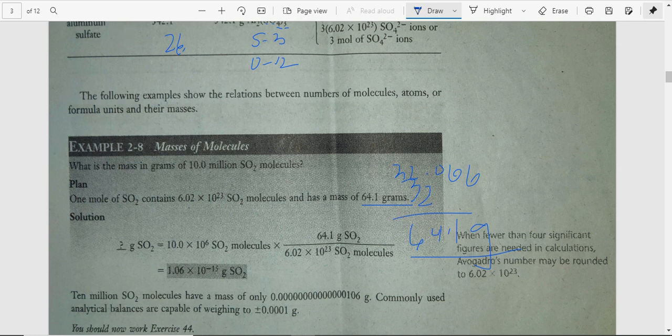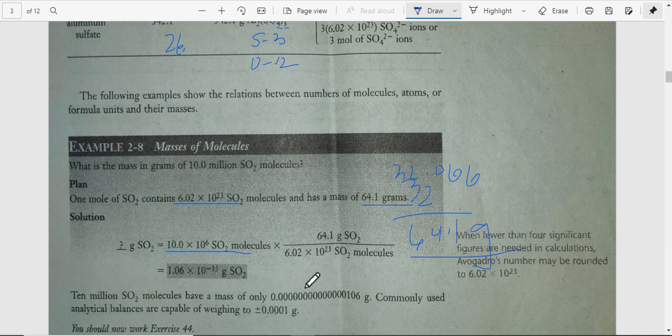Next is to find the grams. You are already given the Avogadro's number and the molecular weight. Simply use them as your conversion factor. You put the given, which is 10 million, written as 10.0 times 10 raised to 6 SO2 molecules.